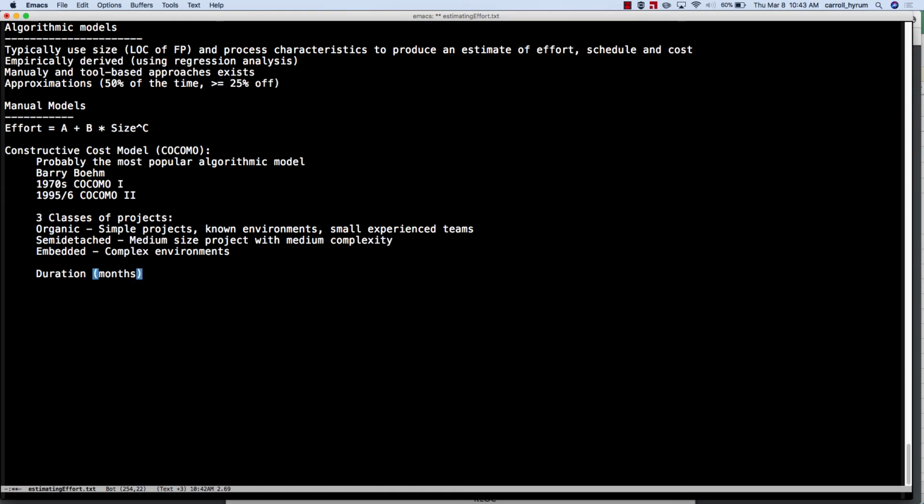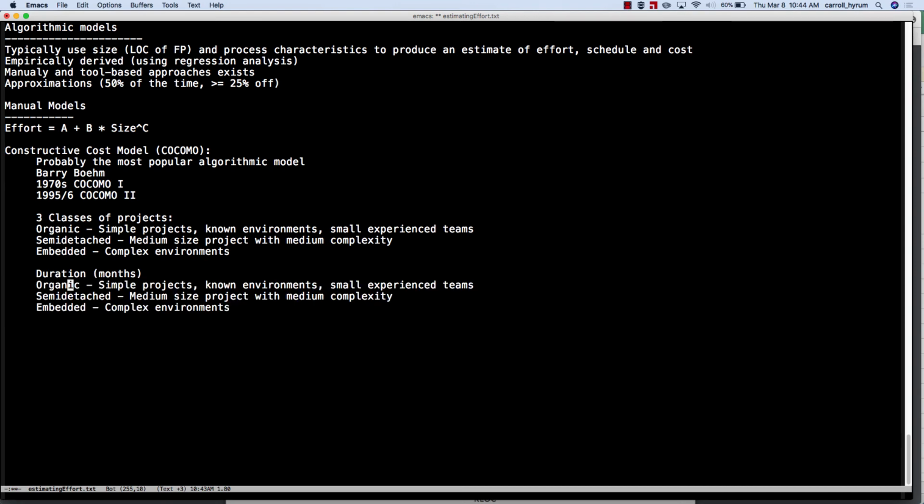Now we can also update duration, in months, and we do so for each of the three classes, just like we have effort for each of these three classes. So organic is 2.5 times our effort raised to 0.038.